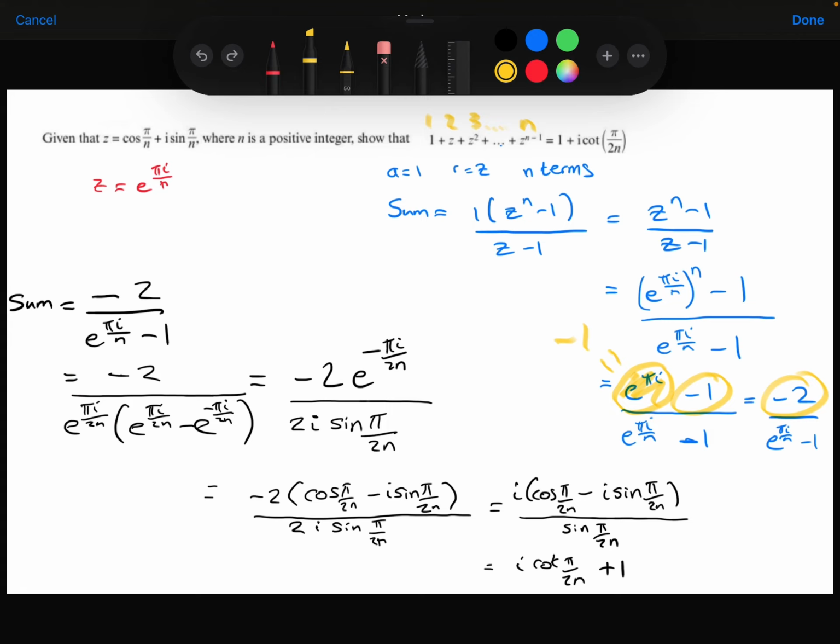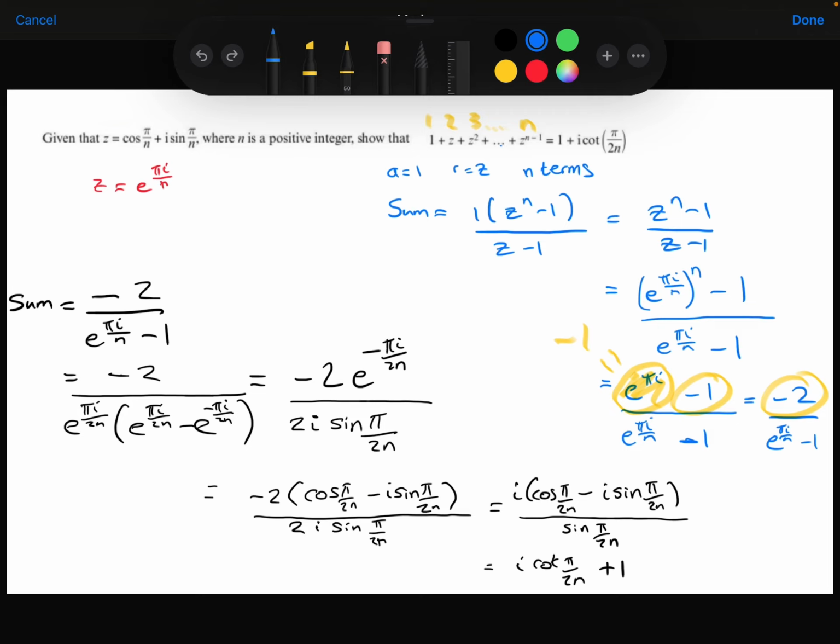Then the next line after this, I have rewritten this in modulus argument form. So I've got the cos pi over 2n minus i sine pi over 2n, minus because of the negative argument there. And then the last couple of steps, the 2's cancel out.